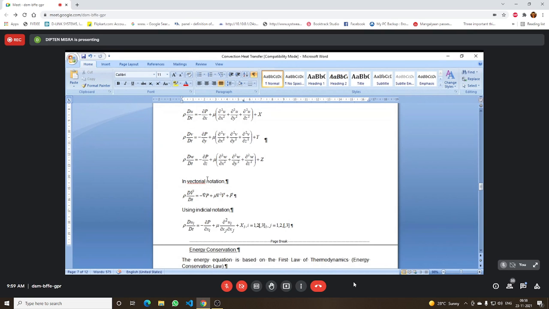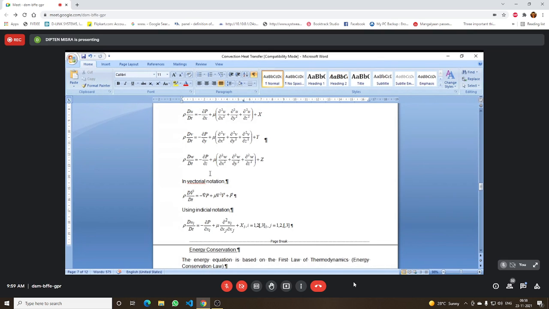So when i is equal to 1, we have the component along x-axis, and this x becomes x1. x1 is basically x, x2 is y, and x3 is z.